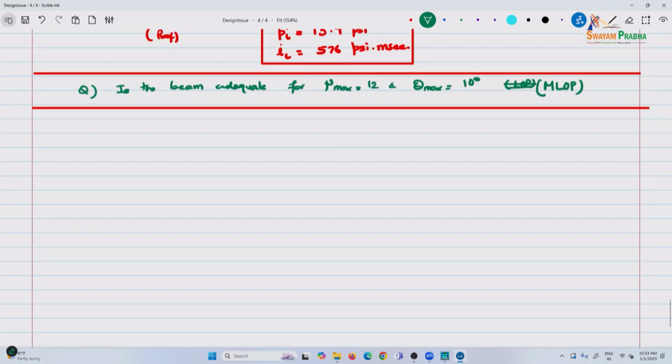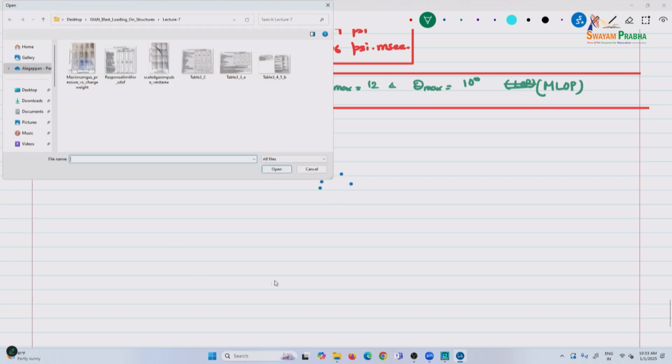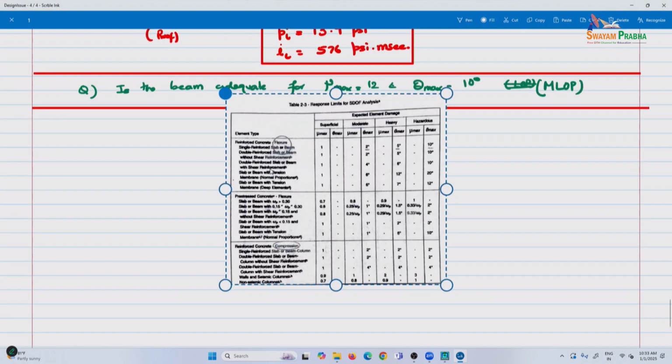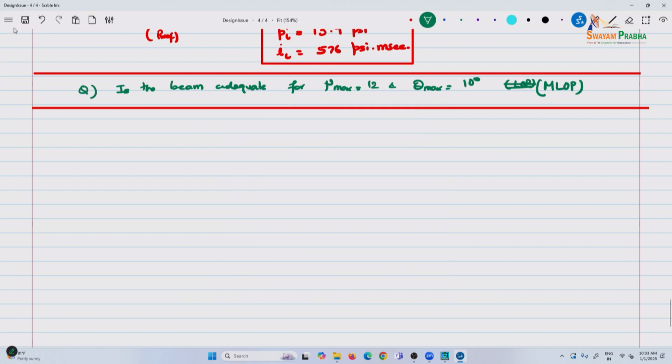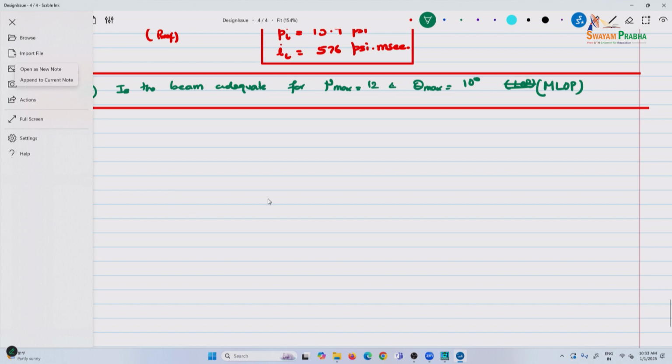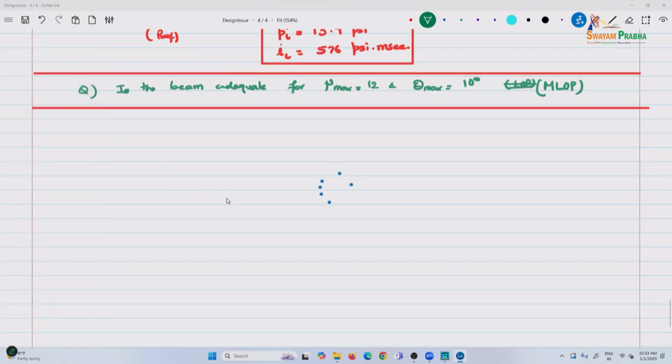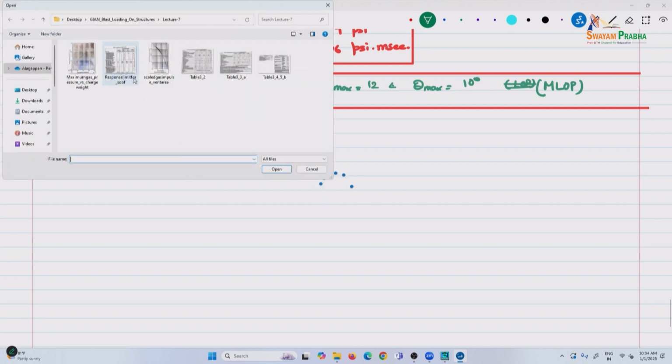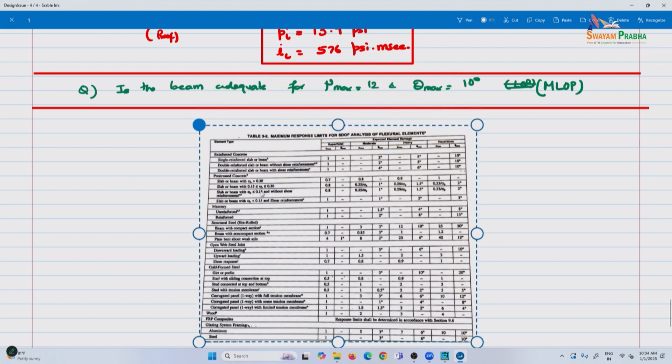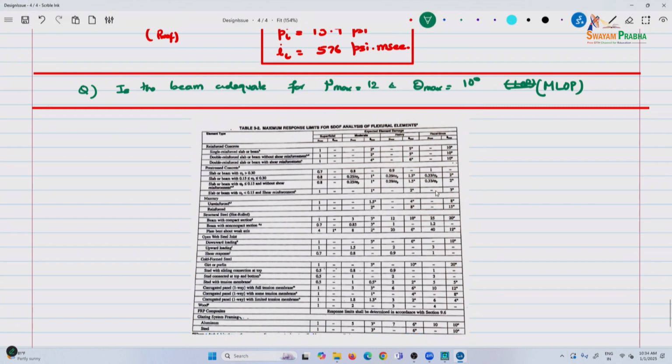So let me insert that anyway. So what you see here, this is structural steel, heavy, this is medium level of protection.